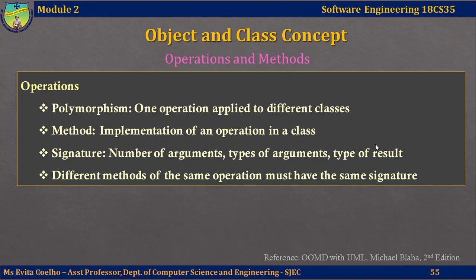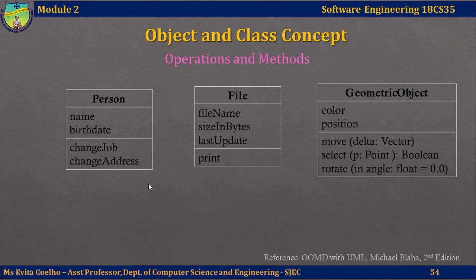For example, the print operation here should not have file name as an argument for one method and file pointer as an argument for another method. So print should have the same signature. There should not be a difference in the number of arguments that you are passing to print, irrespective of whether you are using this print function to print an ASCII file, a binary file, or a digital file.